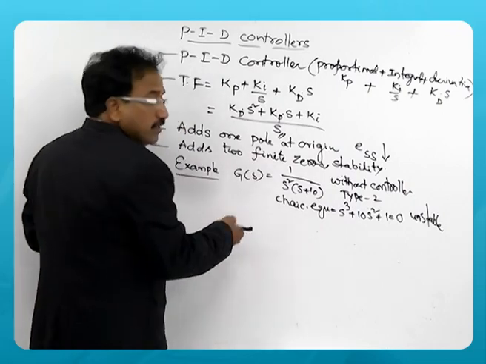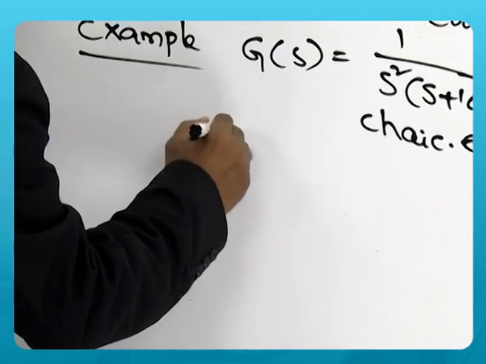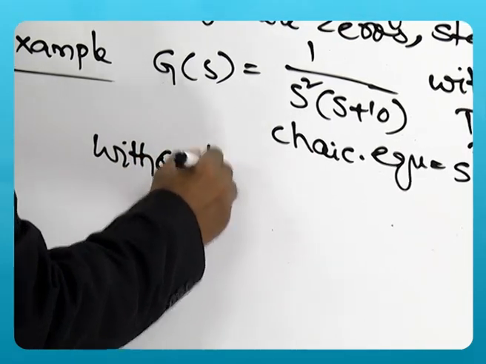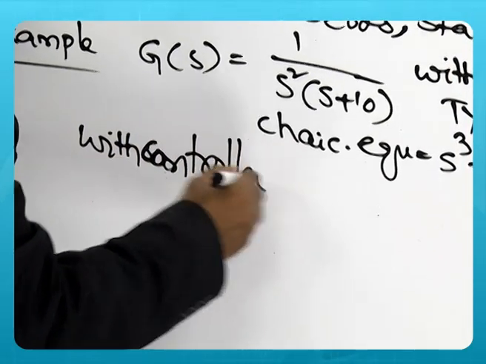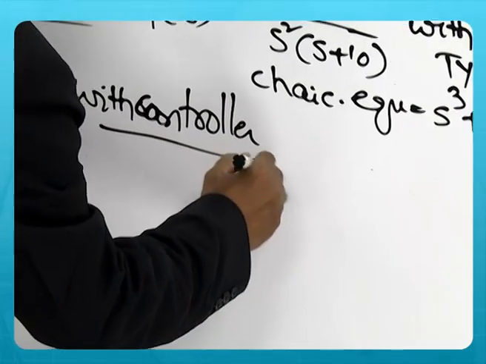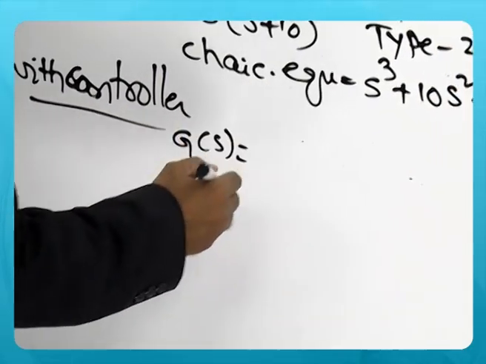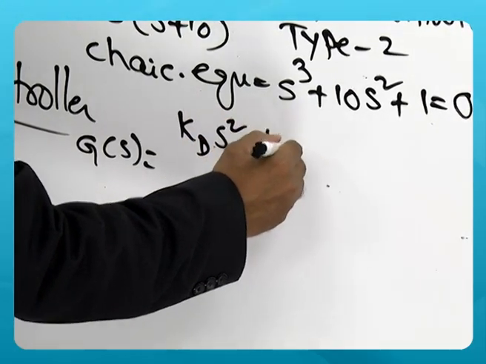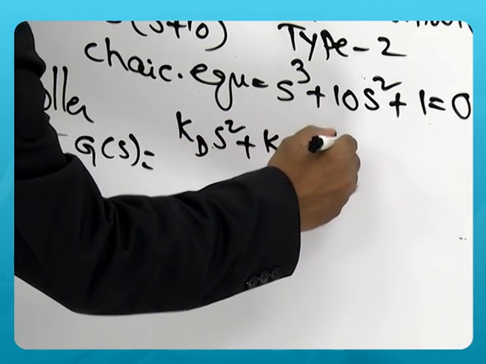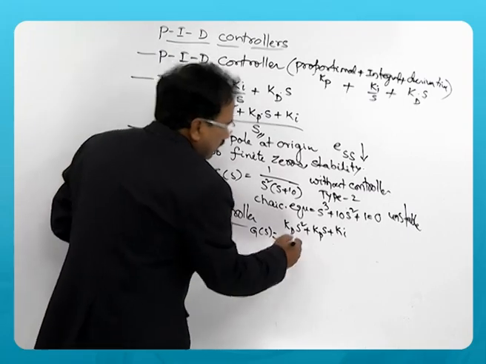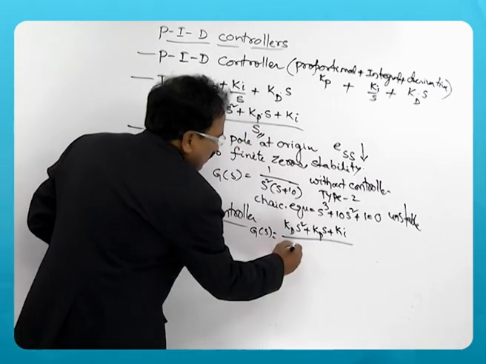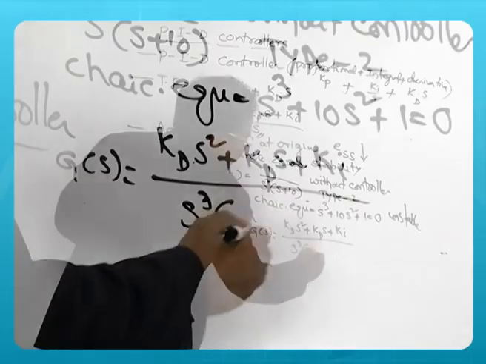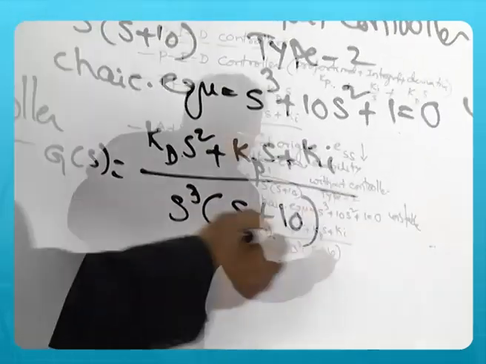Now you add a controller. With the controller, the function becomes Kd s square plus Kp s plus Ki in the numerator, and s power 2 becomes s power 3 now, into s plus 10.